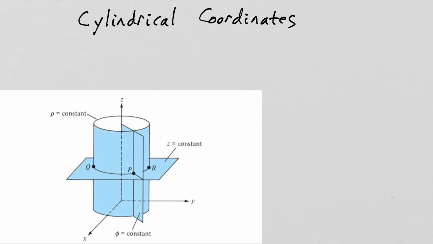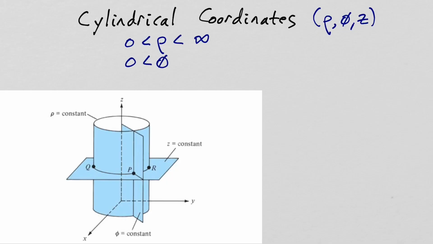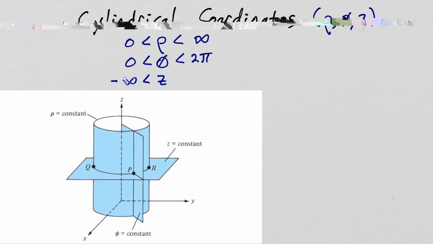Now let's look at cylindrical coordinates. The variables in cylindrical coordinates are rho, phi, and z. And rho can take on the values from 0 to infinity, phi from 0 to 2 pi radians, or 0 to 360 degrees, and z from -infinity to infinity.